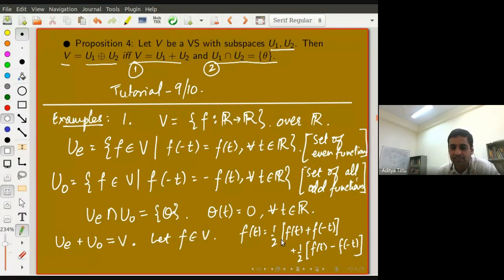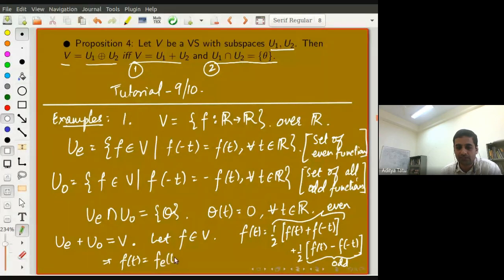So you can see that this is the even part, and this is the odd part. So f of t is fe of t plus fo of t.